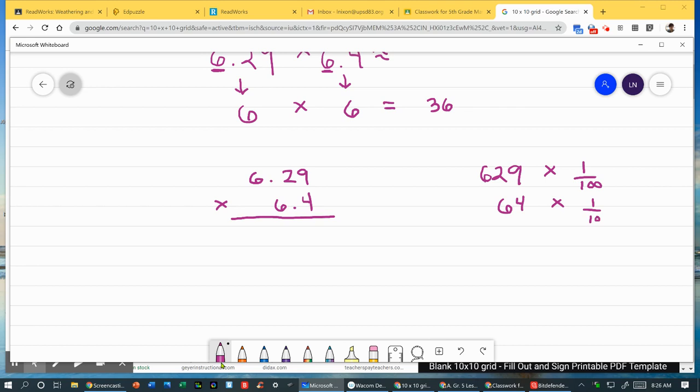So with that in mind, what you're going to do right now is just multiply 64 times 629. Find your product. And then we'll talk about placing that decimal. All right, so pause for a moment, find your product, and then continue on.